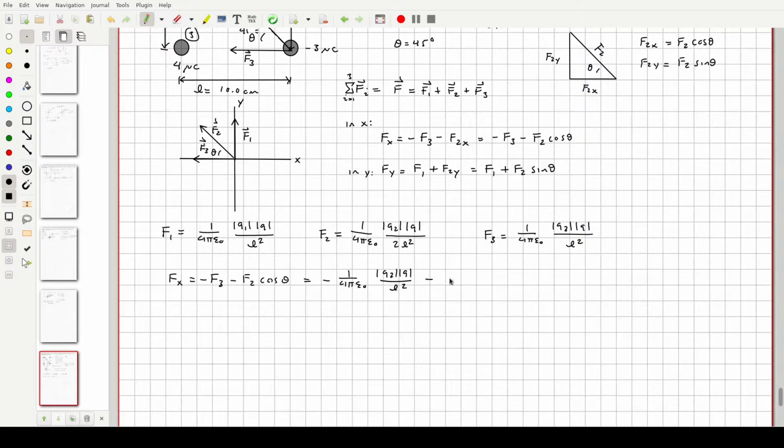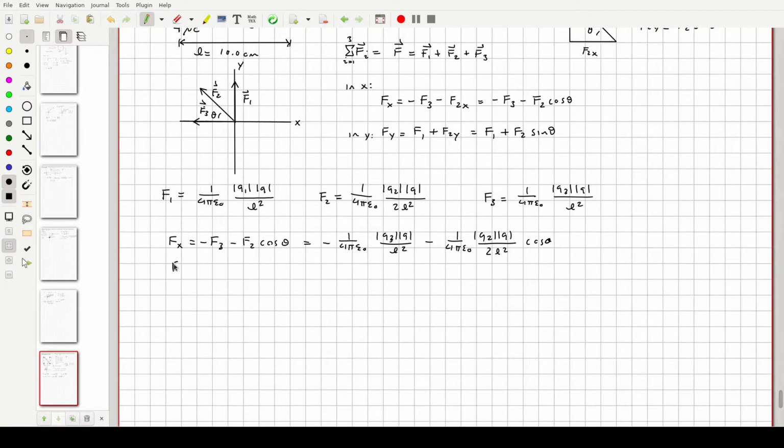Then we have a minus F2. F2 is 1 over 4 pi epsilon naught Q2 Q over 2 times L squared. Then we have the cosine theta there.